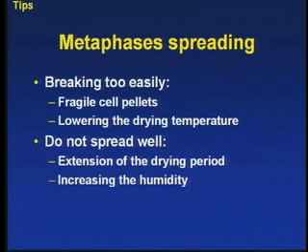Or the other way is that, since the pellet is already in the fixative, you cannot reverse the process. So what can you do to improve from that point on? What you can do is lower the drying temperature a little bit. In that case, the slide or your sample may be able to absorb more moisture from the air, which will slow down the process a little bit, and that will give you a better spreading.